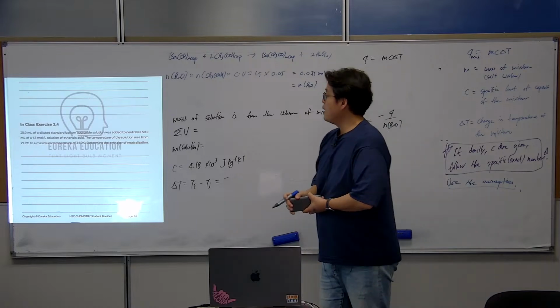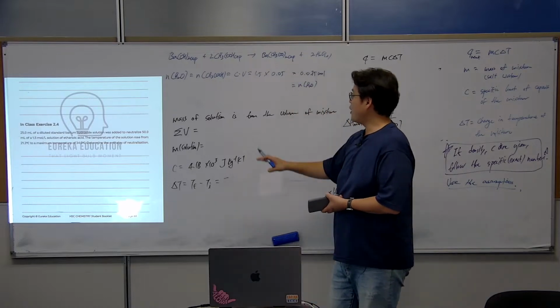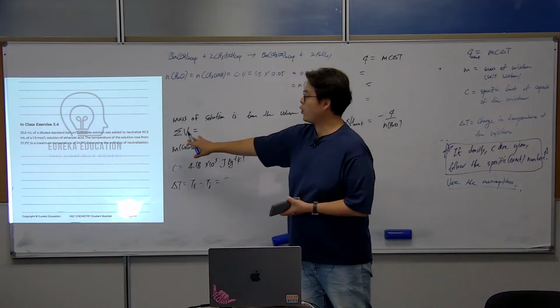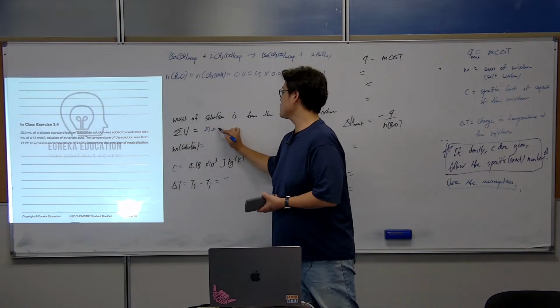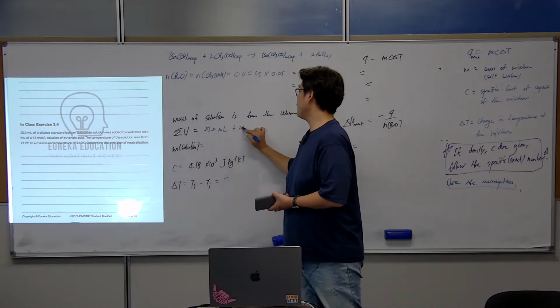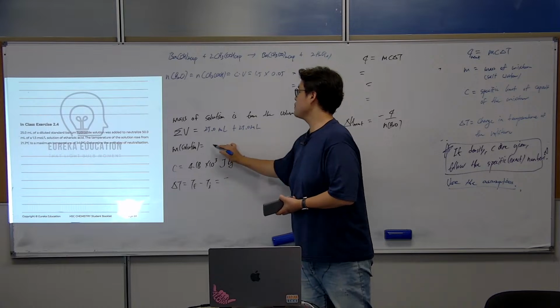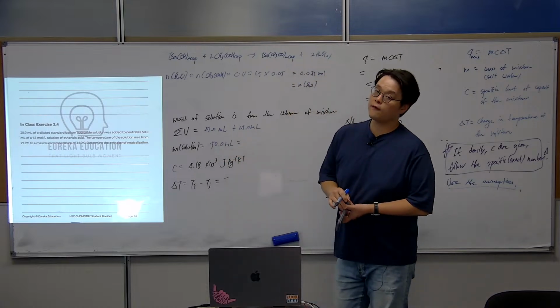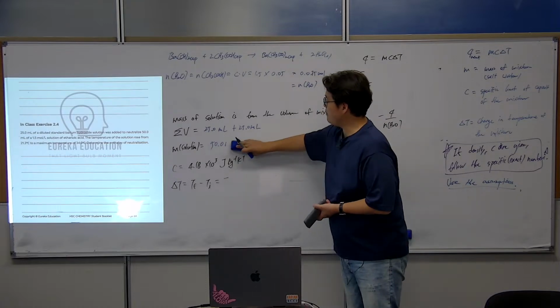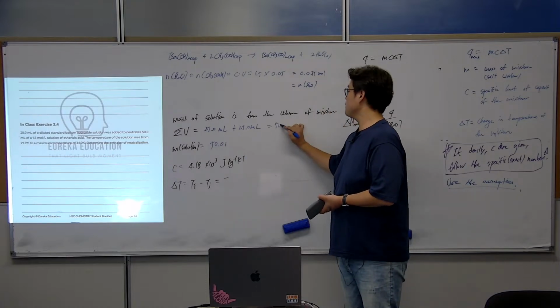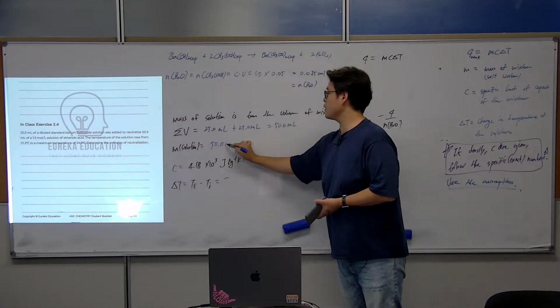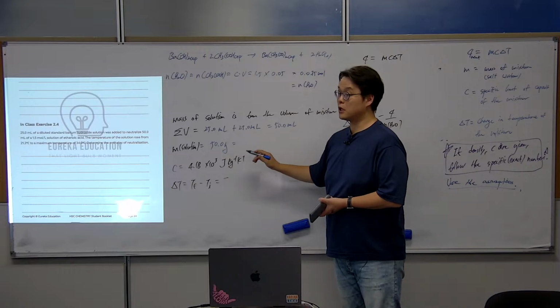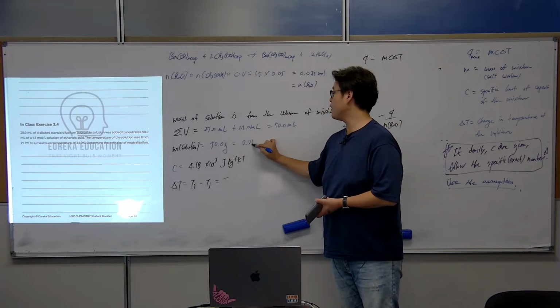Okay, now the total mass of the solution is from the volume of the mixture. The total volume is 25 mL plus 25 milliliter gives you 50.0 milliliter. If you like, you can convert that into 50 grams. That's 50 milliliter, which is the same as 50 grams. That's equivalent to, in kg, 0.05 kg.